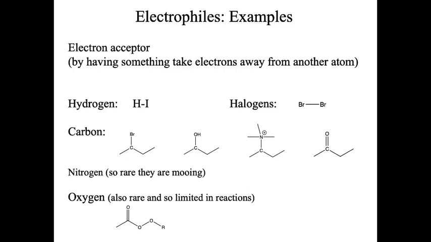Where's the electrophile in the carbonyl? Not so much the pi bond, but the pi bond is where our reactivity is. Zeroing in on the pi bond I love, but saying that the pi bond is an electrophile is questionable because the pi bond is a source of electrons. But if I go through and say, well, I know pi bonds are allowed to move via resonance, you have an electrophile.